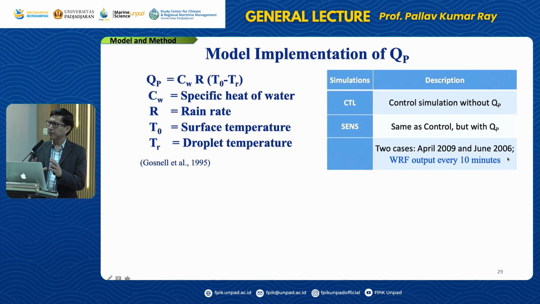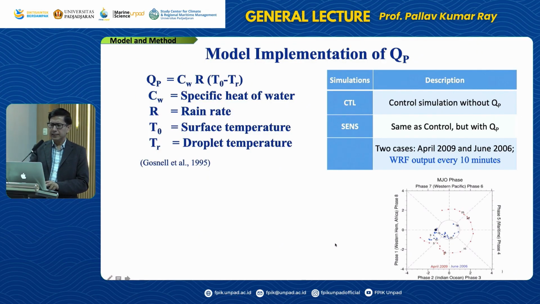There was still precipitation, but the MJO was quite different in those two. We are taking the outputs every 10 minutes. This is very rare for model output at this frequency; normally people take it hourly or 3-hourly. The reason we want very high frequency is that we want to see if there was a change in the timing of the precipitation in the Maritime Continent.